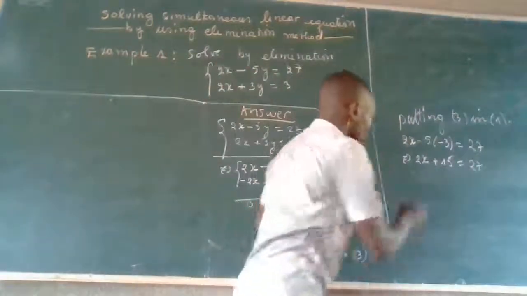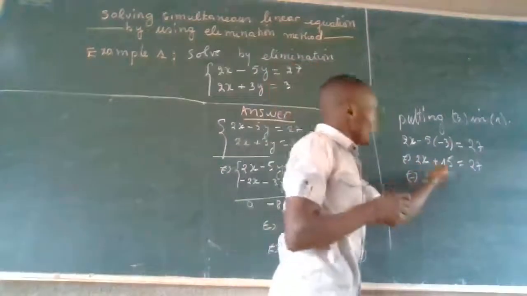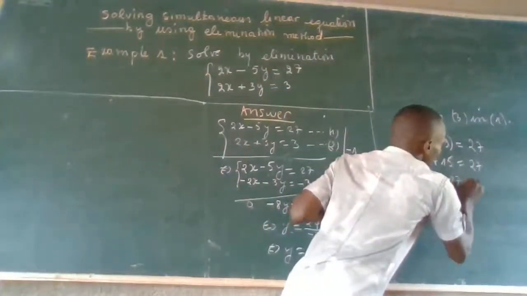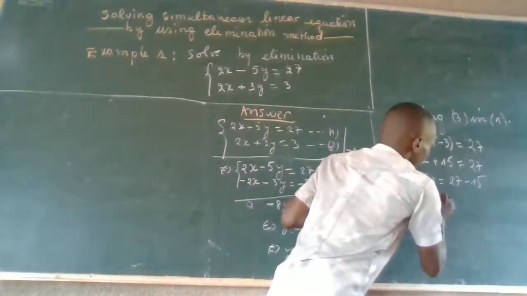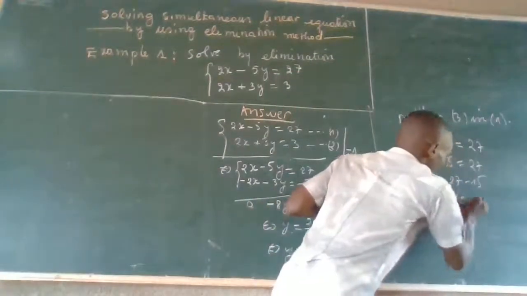Then 15 should be moved to the right side, so it becomes 27 minus 15. This is equivalent to 2x equals 27 minus 15, equal to 12.